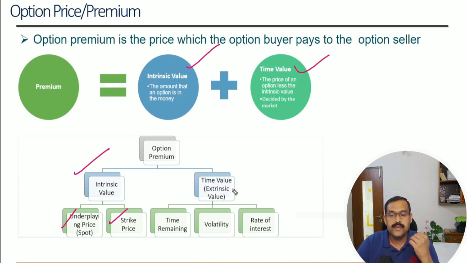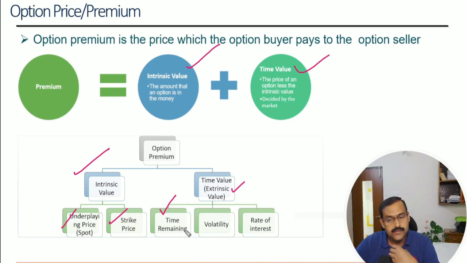For the extrinsic value, it depends on three components. That is the time remaining. If you have a longer time to expire, then you will have more premium. For example, weekly options have lesser premium compared to the monthly options because monthly options have a longer time to expire.